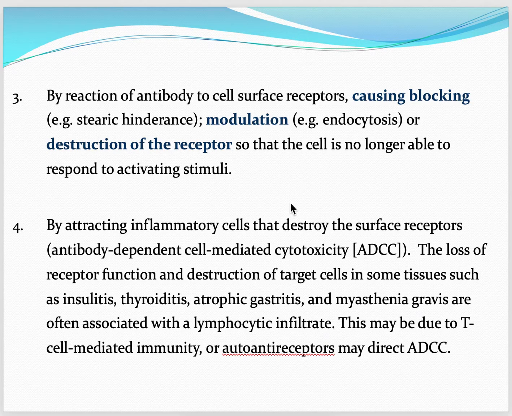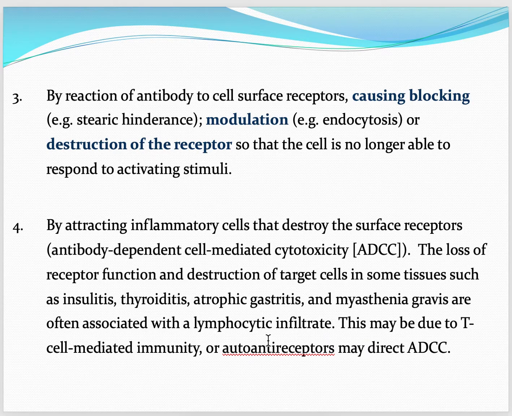Another mechanism, number 4, attracting inflammatory cells that destroy the surface receptors, which is called ADCC. The loss of receptor function and destruction of certain target cells in some tissues, such as insulitis, thyroiditis, atrophic gastritis, and myasthenia gravis, are often associated with lymphocytic infiltrate.